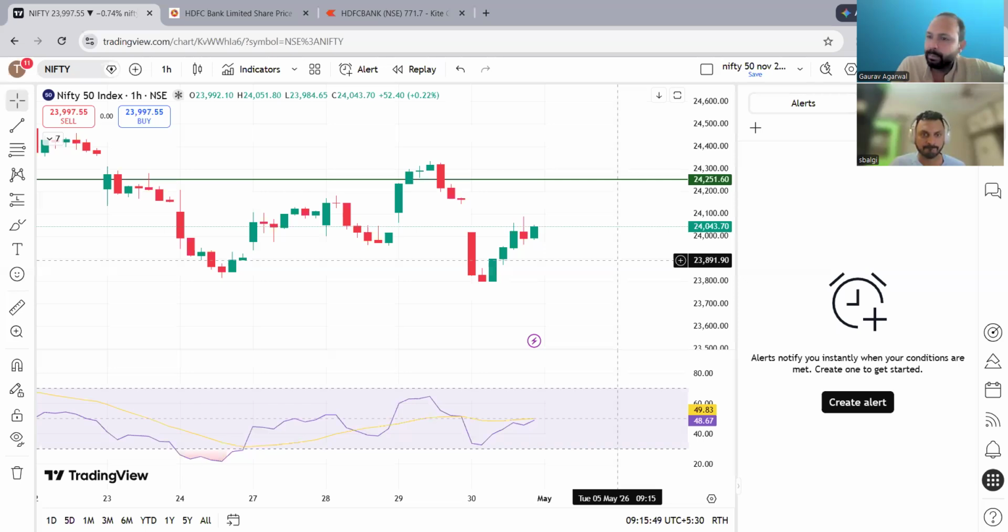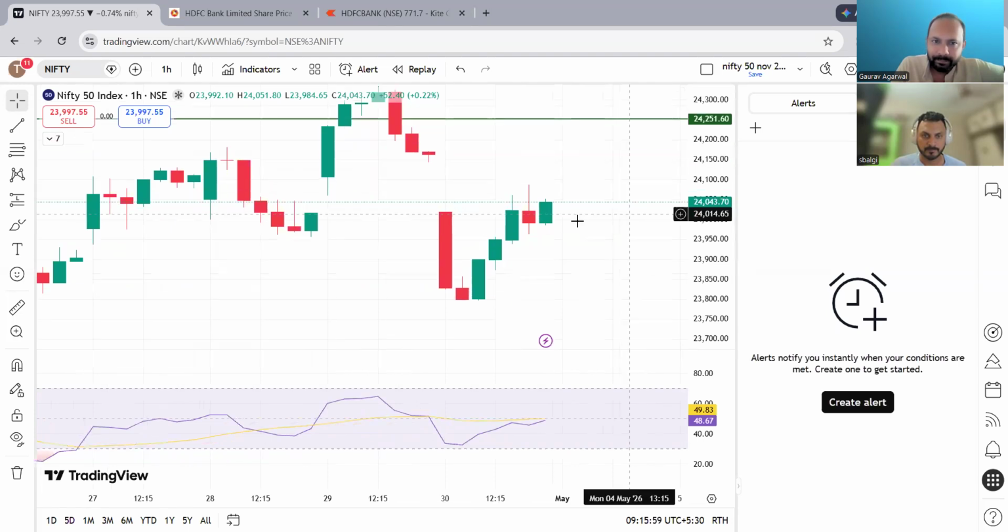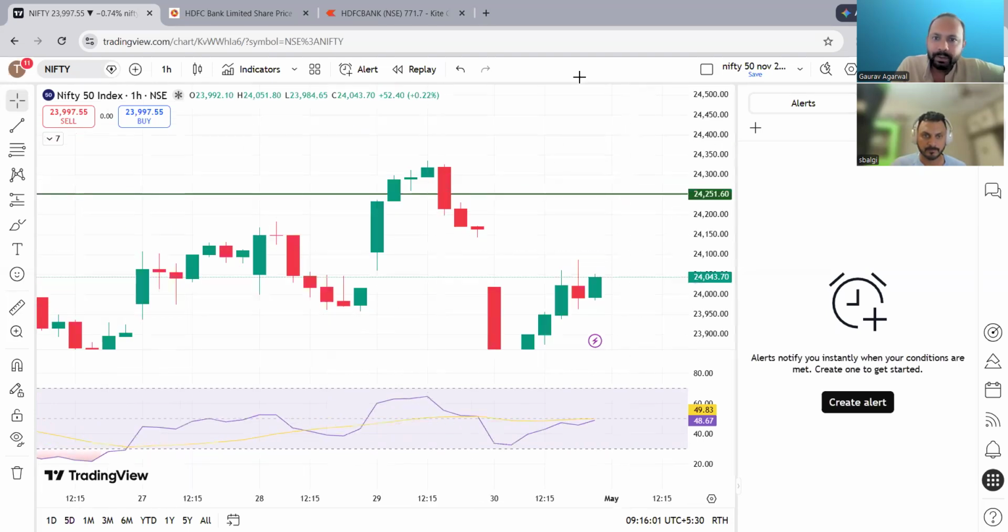So basically you need to practice and train your eye to find these patterns and see the reversal, right? See here at the top, you can see a kind of inverted hammer, right?